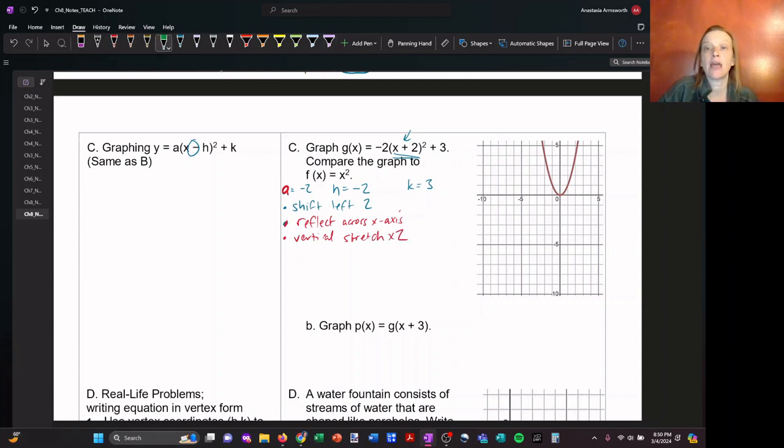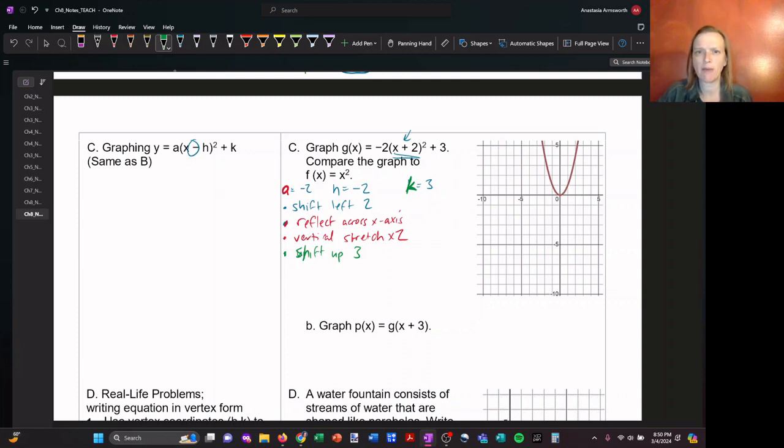Lastly, our k value. Our k value is 3, and this is going to cause an upward shift of 3. Shift up 3 units. So that kind of covers all the transformations that are occurring here.